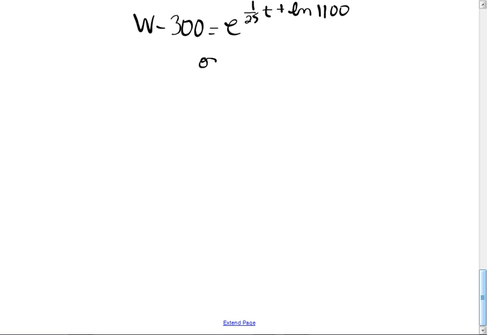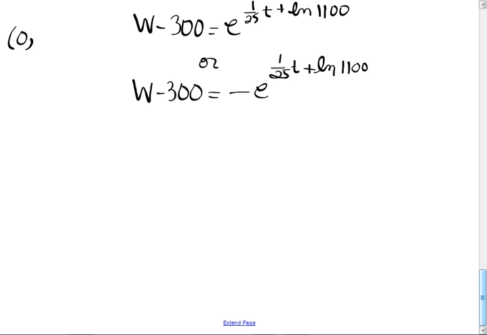Or we're going to check it with the initial condition. There's the minus e to this. Is that okay? It's plus or minus. And let's test the first one. Most of the time, it's going to be the positive one, but not always. So we're going to put this in here.